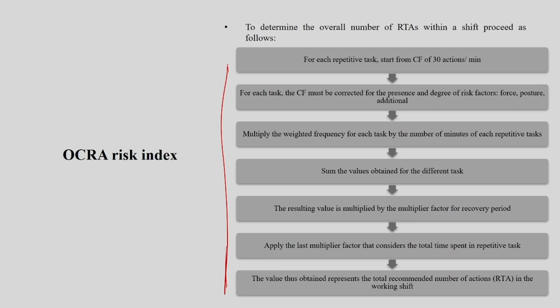The resulting value is multiplied by the multiplier factor for recovery period. Then apply the last multiplier factor that considers the total time spent in a particular repetitive task. Once we multiply all these elements, the value obtained represents the total recommended number of technical actions in the working shift.